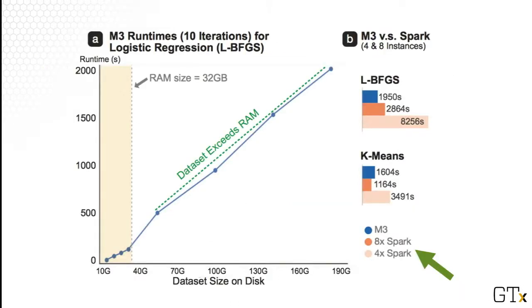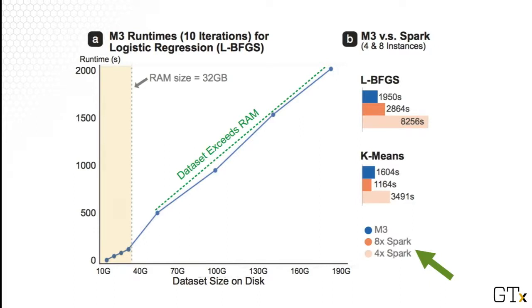We also extend our investigation to look at how well memory mapping works for machine learning algorithms. For example, on the left here, we're looking at how memory mapping can scale with data size. The horizontal axis is the data size on disk, and the vertical axis is runtime.